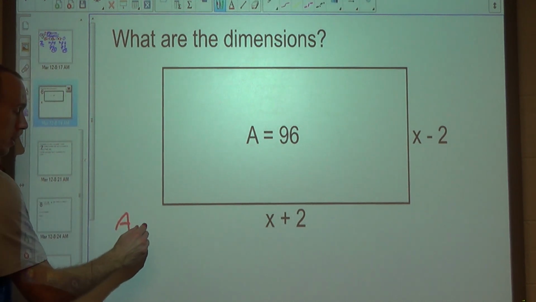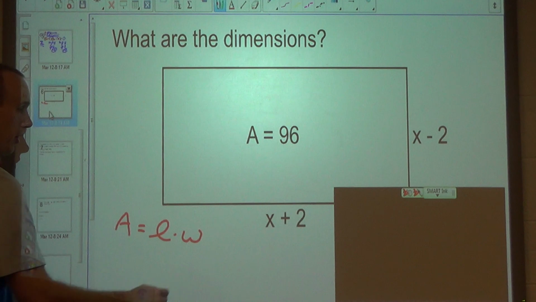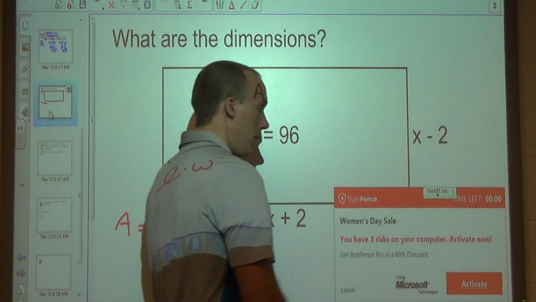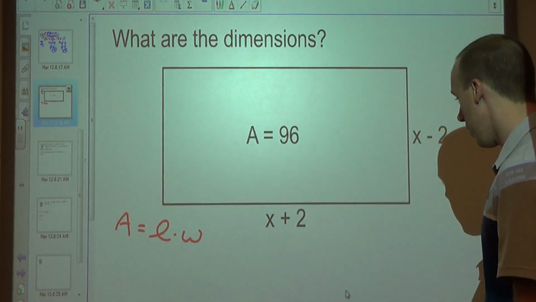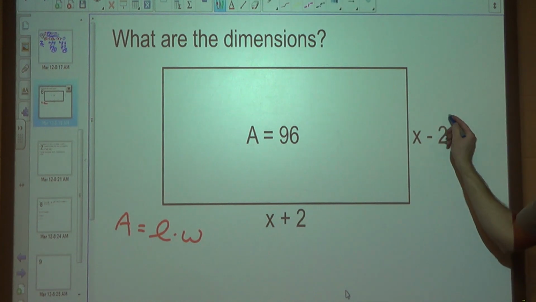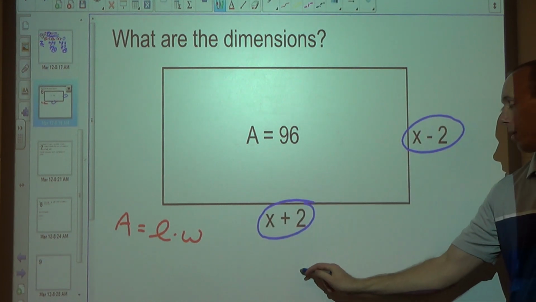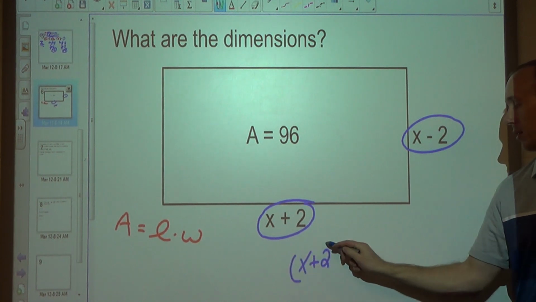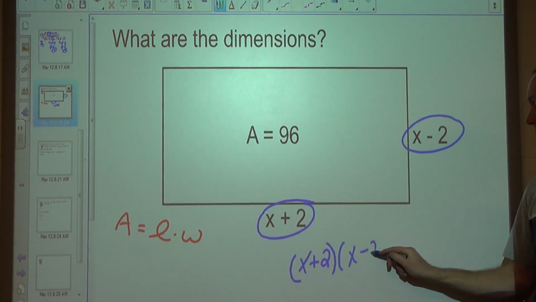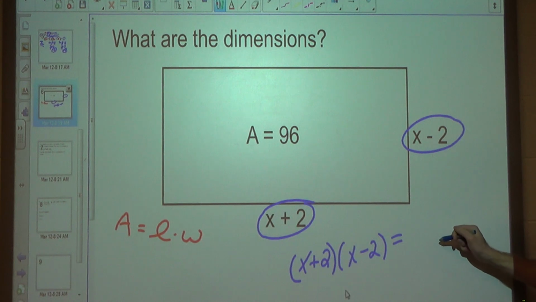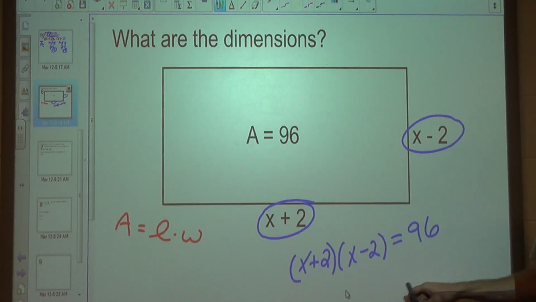Area equals length times width. So it doesn't matter which one of these is the length and which one of those is the width? It doesn't. So length times width equals 96, the area. So you gotta FOIL that out first.